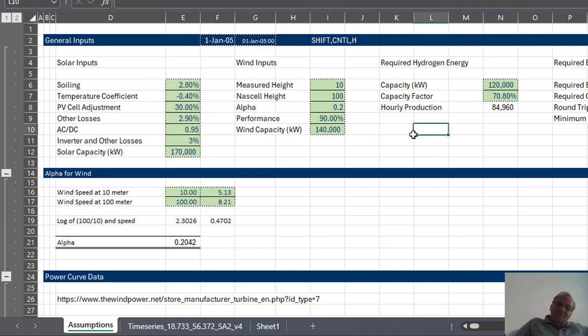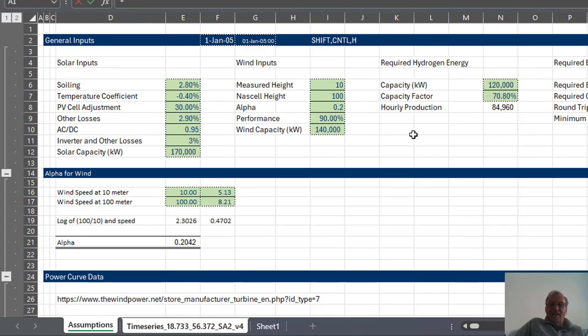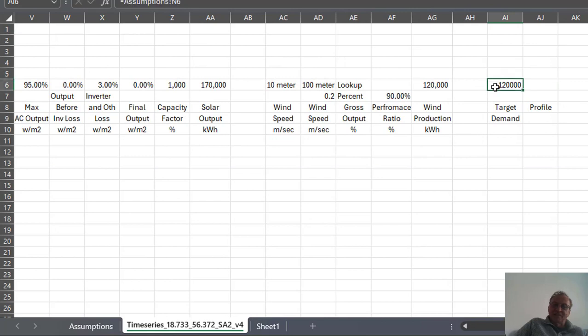And then finally, let's put our target. How about target demand? And that could be anything. Demand. And then let's put our profile. So this is our target demand at our capacity we're aiming for, but we're not expecting 100%.